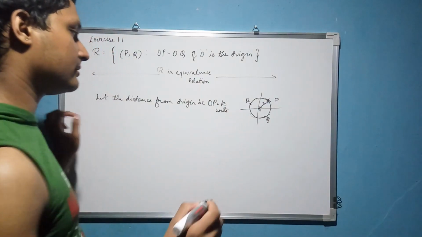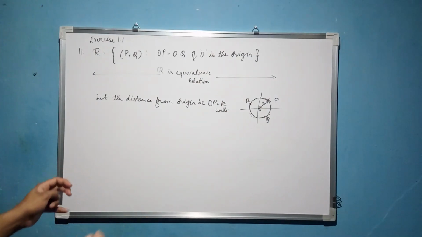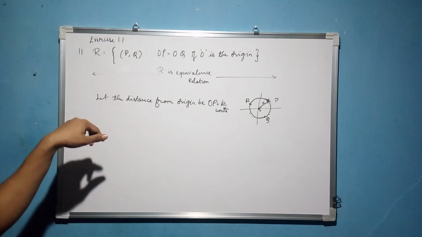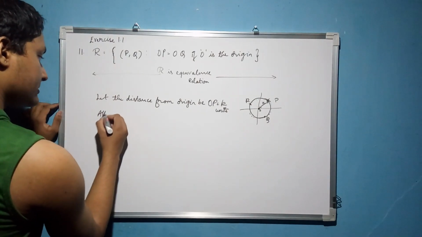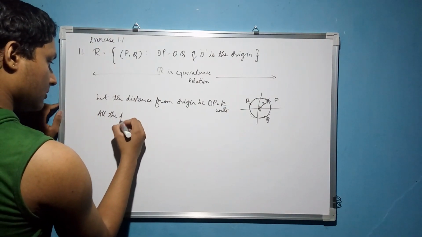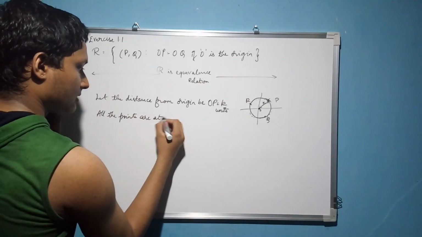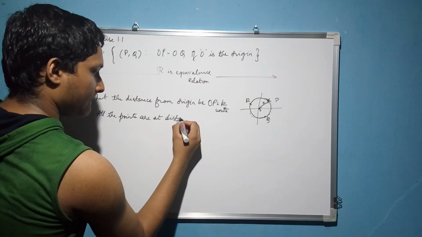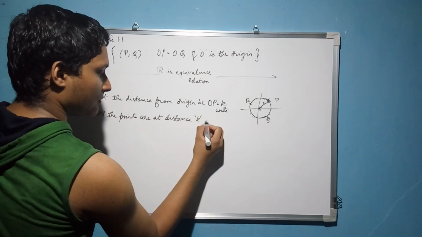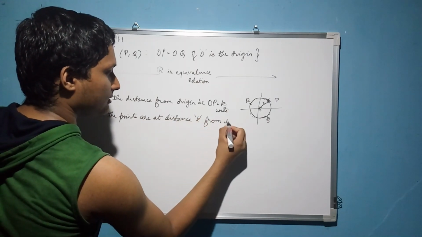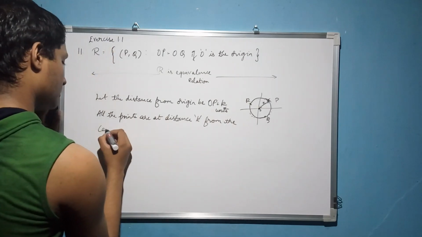Units is in length here. Now we need to prove that it's a circle, so all the points are at a distance k from the center, that is the origin.